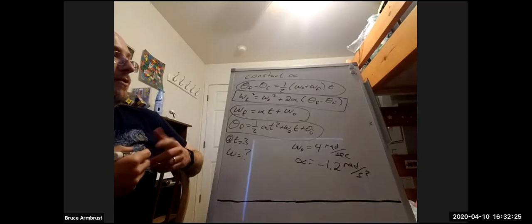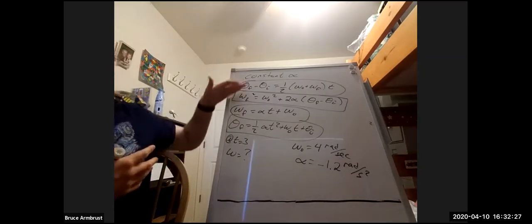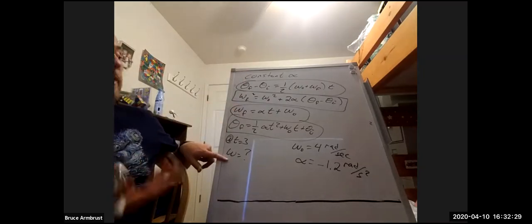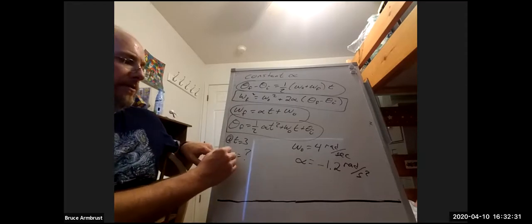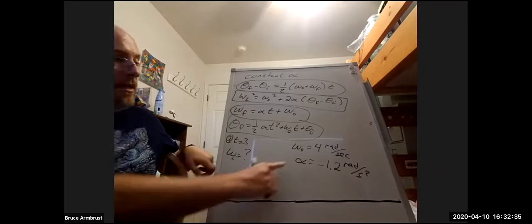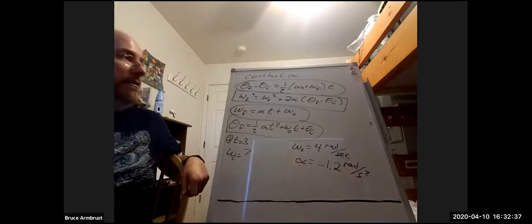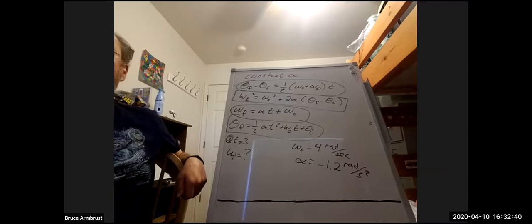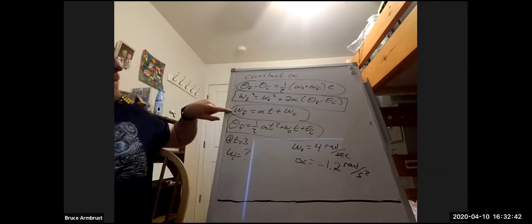Basically all we have to do is look at which of these equations has an omega final, because that's what we're looking for, but also has t, omega naught, and alpha. That's going to be the third one.